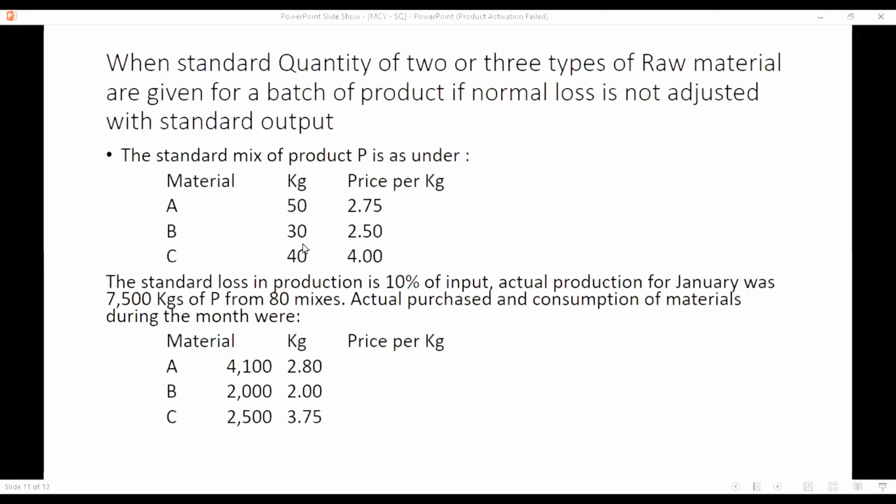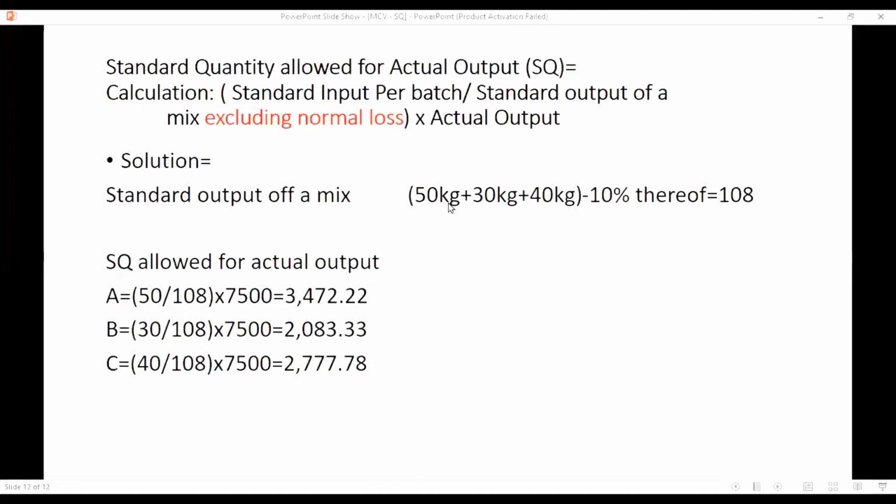From the inputs, 7,500 kg were produced. So here standard output will be 50 plus 30 plus 40 kg less 10% thereof, that is 108 kg. From a standard mix, standard output is 108 kg excluding normal loss.